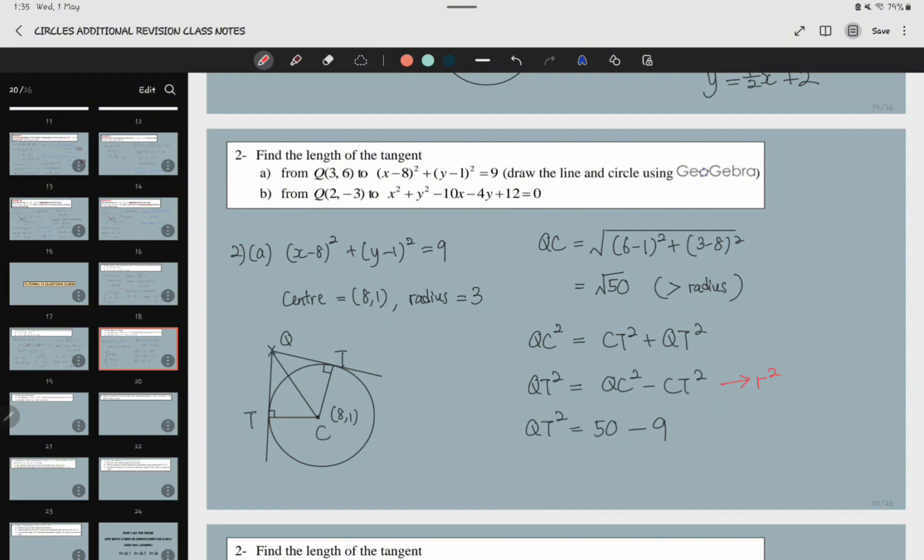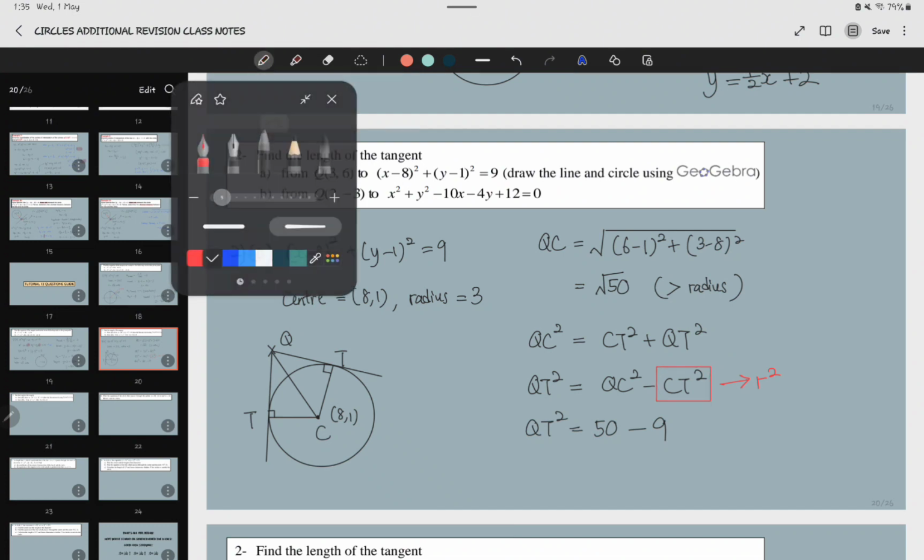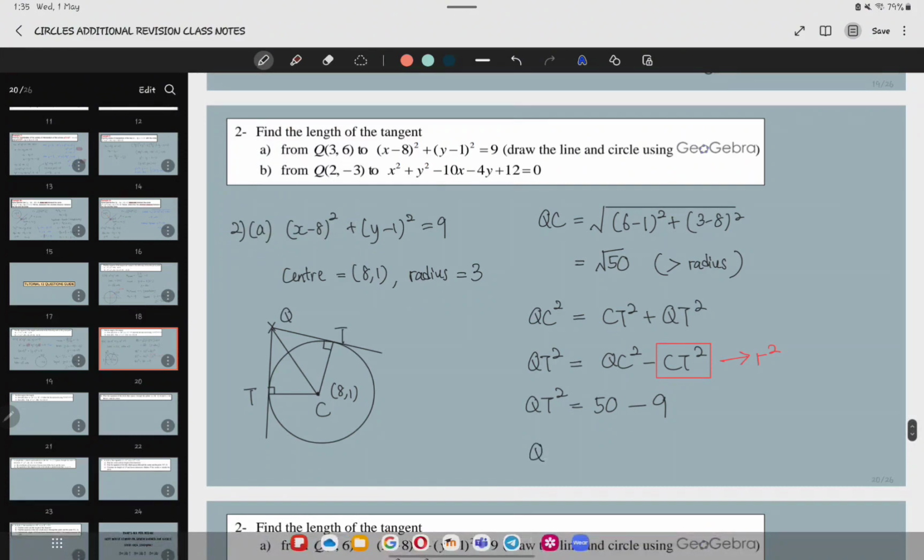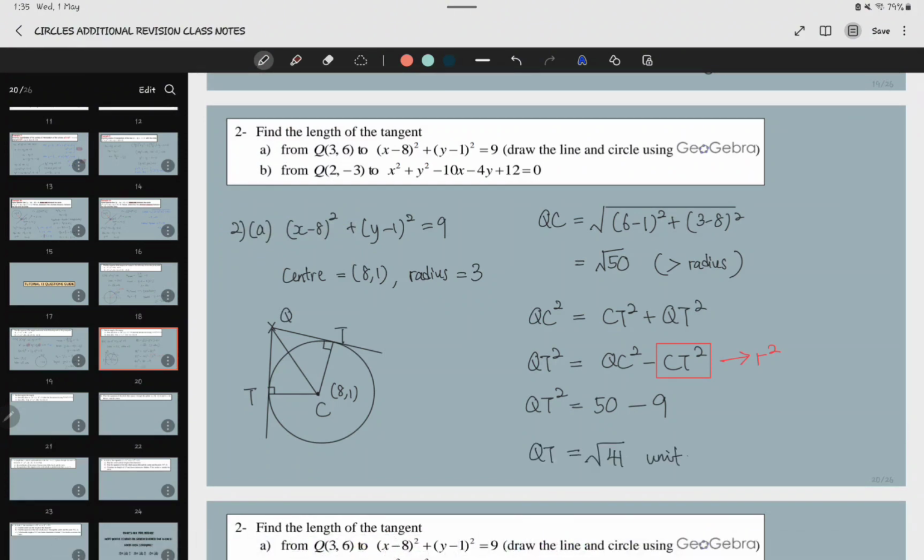So solving this, you will find that your QT is square root of 41 units. QT is the length of the tangent from Q to your circle.